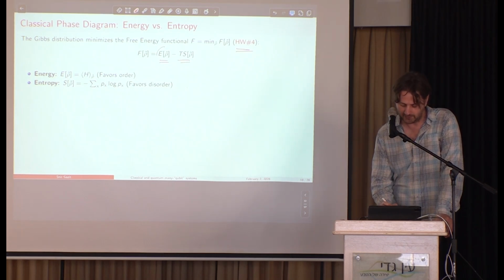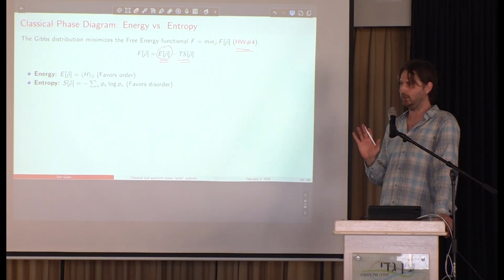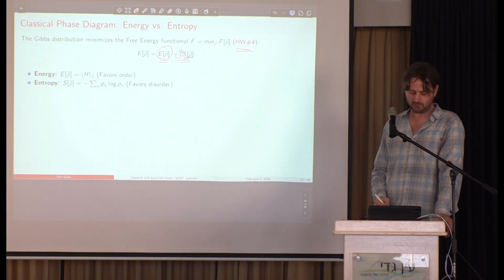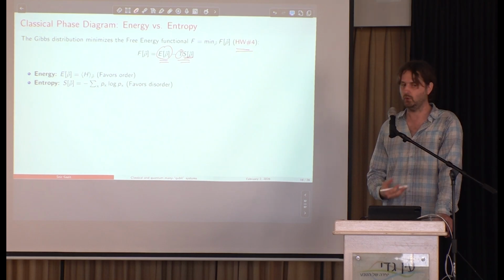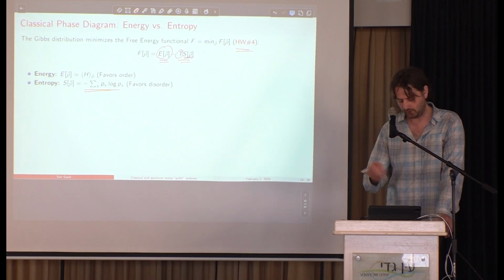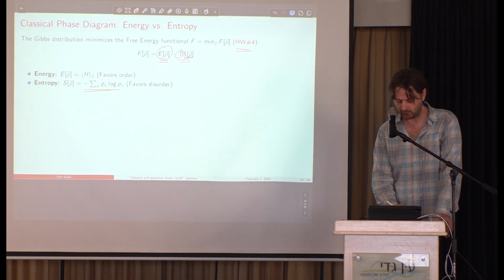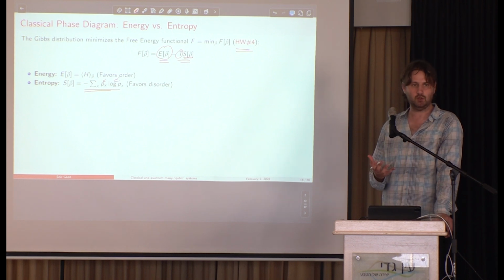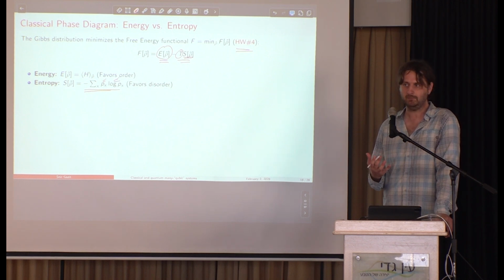The object is a sum of two terms. The first term is the energy, which we already know. The second term is the temperature times a new object, which we call the entropy. So what is the entropy? The entropy is defined as minus the sum over all your configurations of the probability for this configuration times the log of the probability. What do you need to know about the entropy?